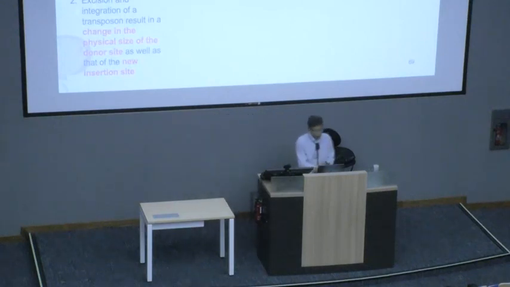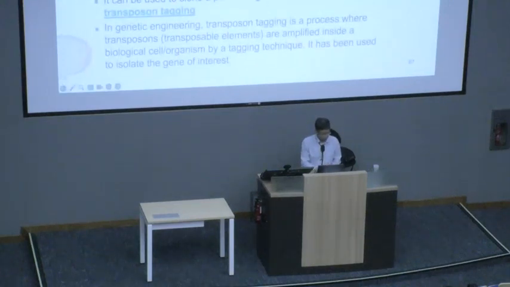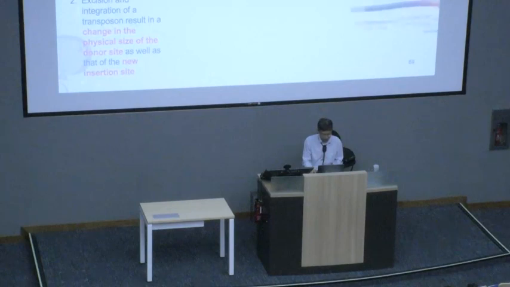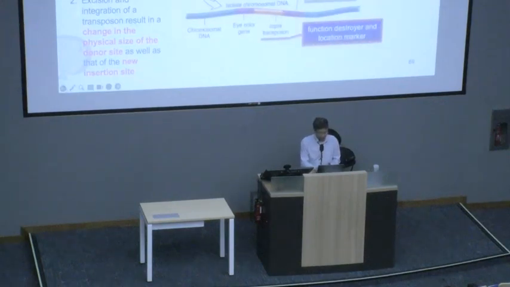Then you use the transposon, right? Because you know which transposon you put in, you use this transposon as a tag. That's what I mean by transposon tagging. You use the transposon as a tag to identify where it is. For example, if you identify the transposon in this region, you believe the region around this transposon may be the gene for eye color.